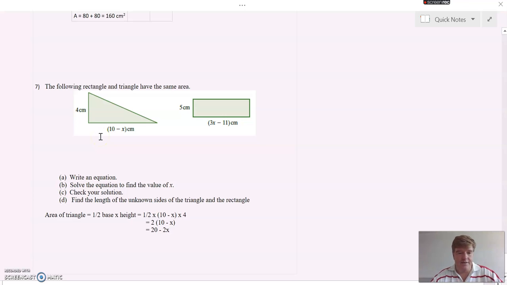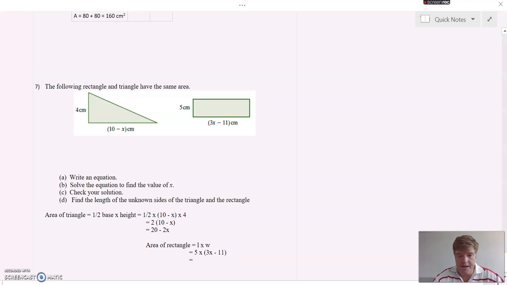Let's have a look now at the area of the rectangle. Area of a rectangle is just length times width. So in this case, it's going to be 5 times, we can put the times in, if there's just a number in front of the brackets, we always remember that it's times, but I'll write it here, 3x minus 11.